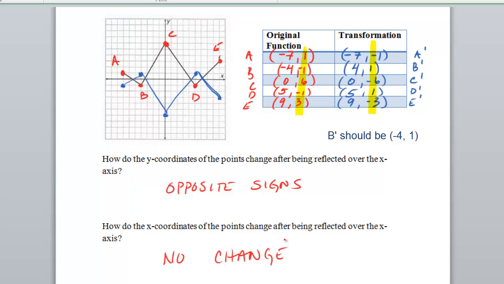Basically you could use these generalizations, and if we asked you to reflect over the y-axis, that would give us an opportunity to apply them the same way. And so this is a quick introduction to translations. We will be using these general rules that we've just determined as we work more with given functions.